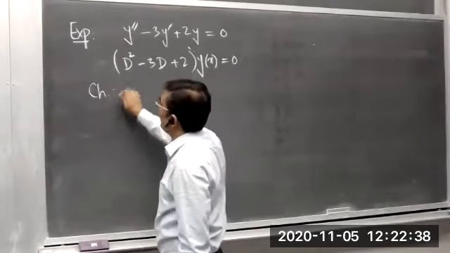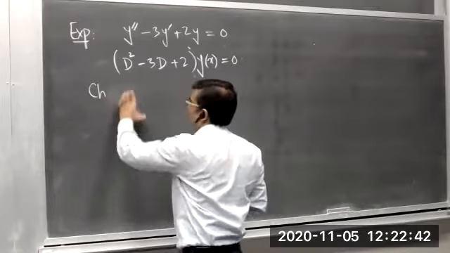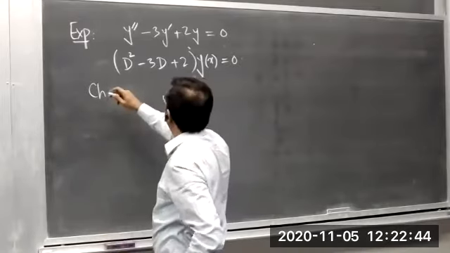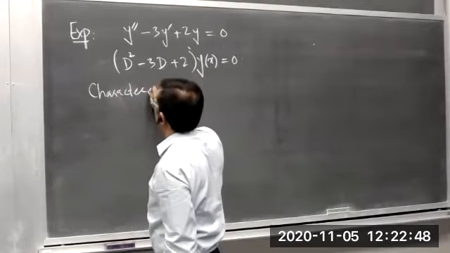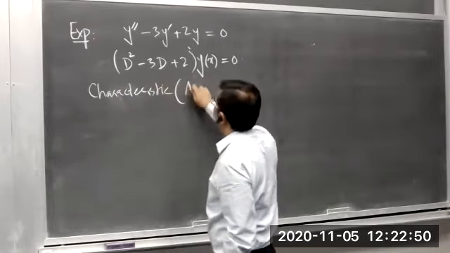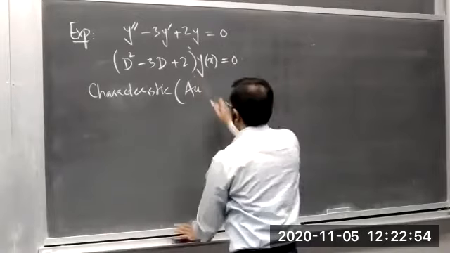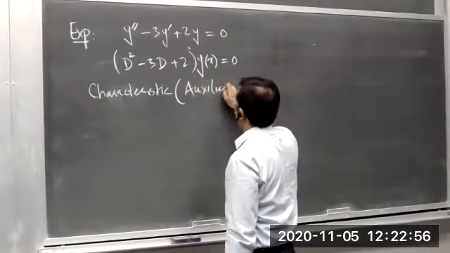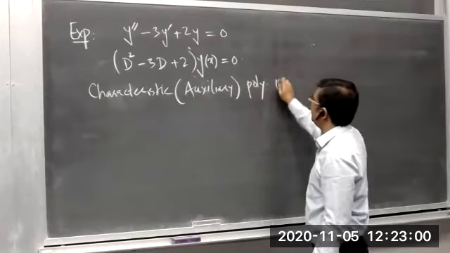Now, the characteristic equation, or characteristic polynomial equation, or auxiliary polynomial, is what?